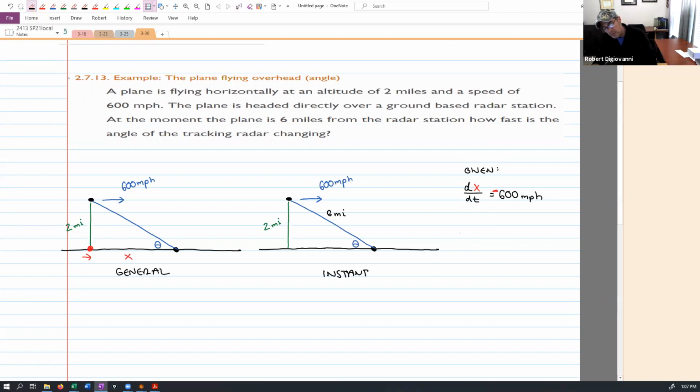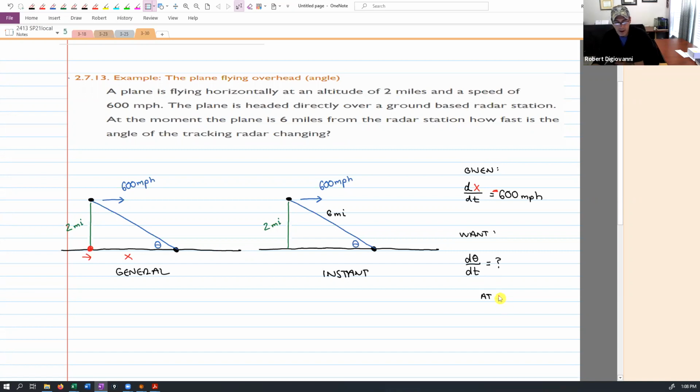What do we want? We want to know how fast theta is changing, right? So we want d theta dt. And we want that when?